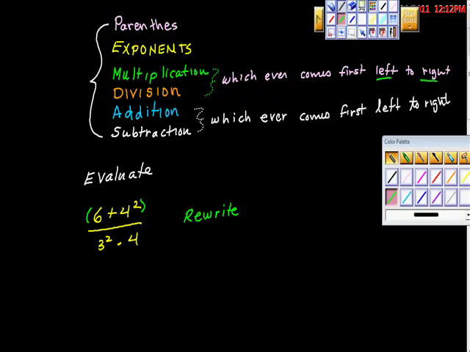It's this thing divided by this thing, isn't it? So I'm going to take my 6 plus 4 squared, the quantity, and this right here, this is called a solidus, more commonly referred to as a division bar. So this division bar says this to us, right? It says divide, and it's divided by this quantity here, which is this one here, right? Our 3 squared times 4.